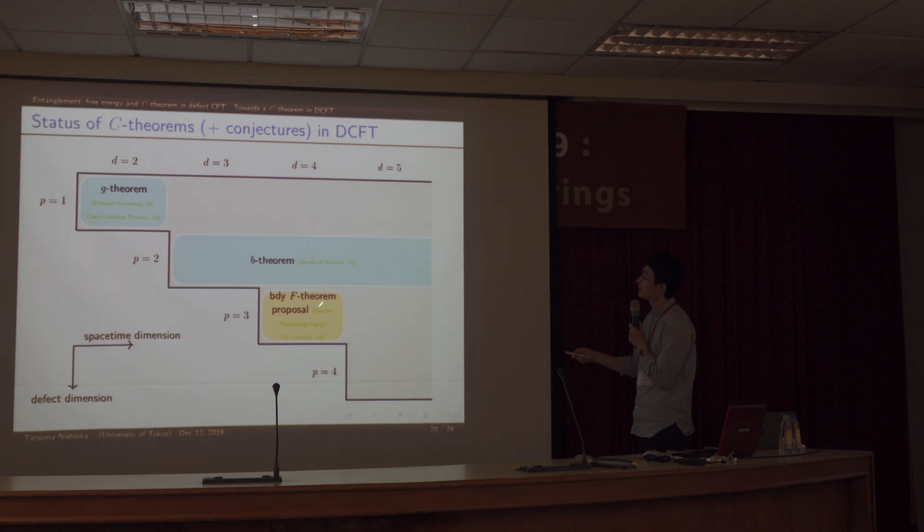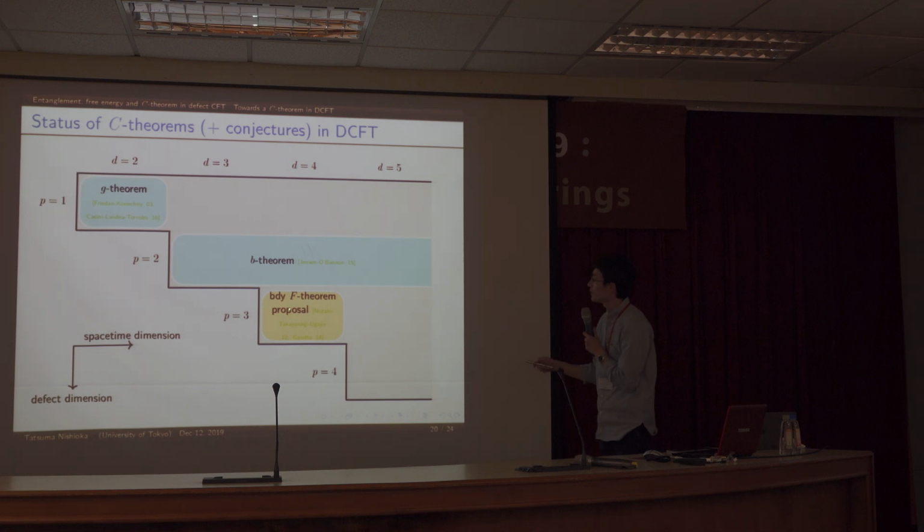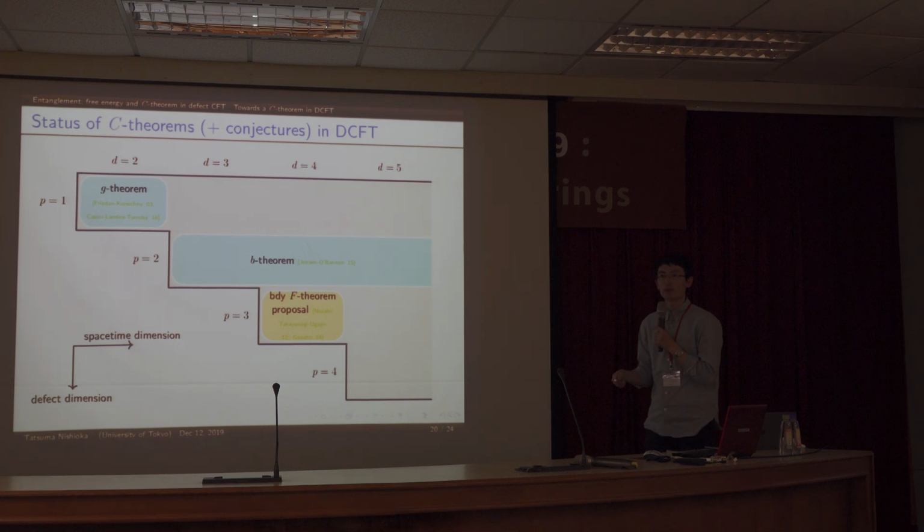So in 4-dimensional boundary CFT, it is proposed by this gentleman that there is some so-called boundary epsilon. They argue that the sphere partition function decreases under any boundary RG flow.